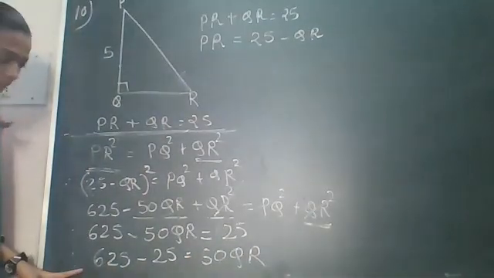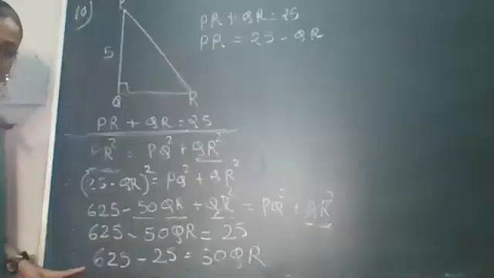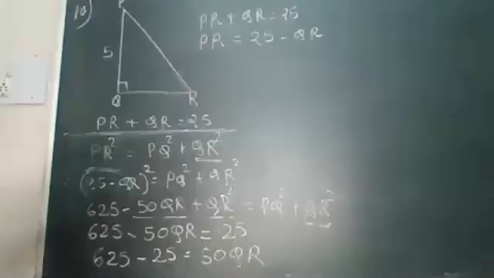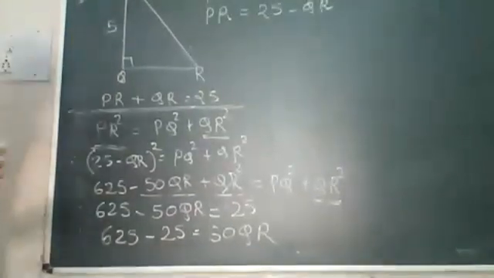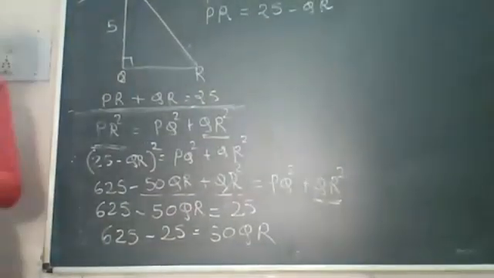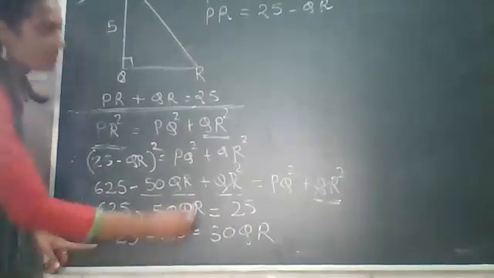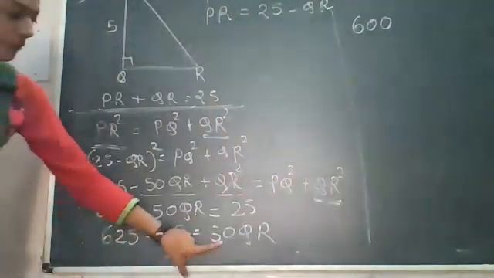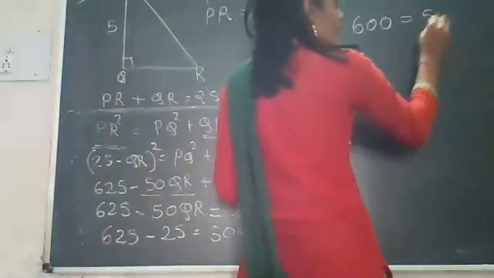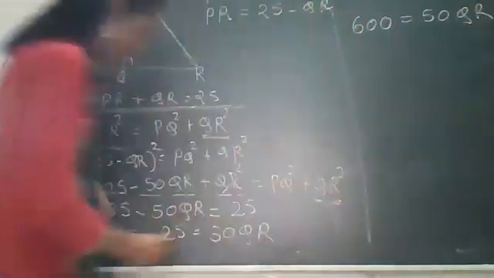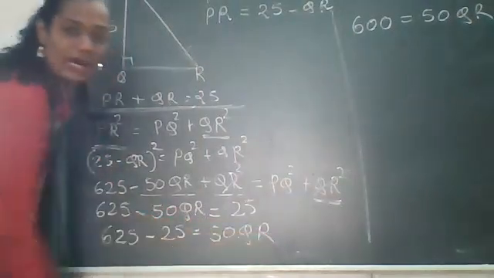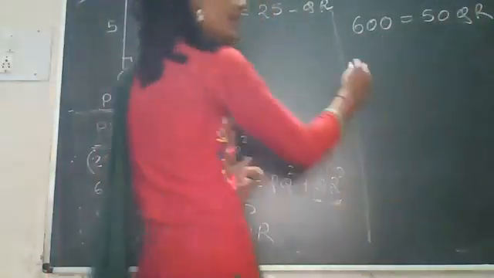Have you understood this much? Okay, so 625 minus 25 is equal to what? 600, and 50 QR. So it becomes 50 QR, right?